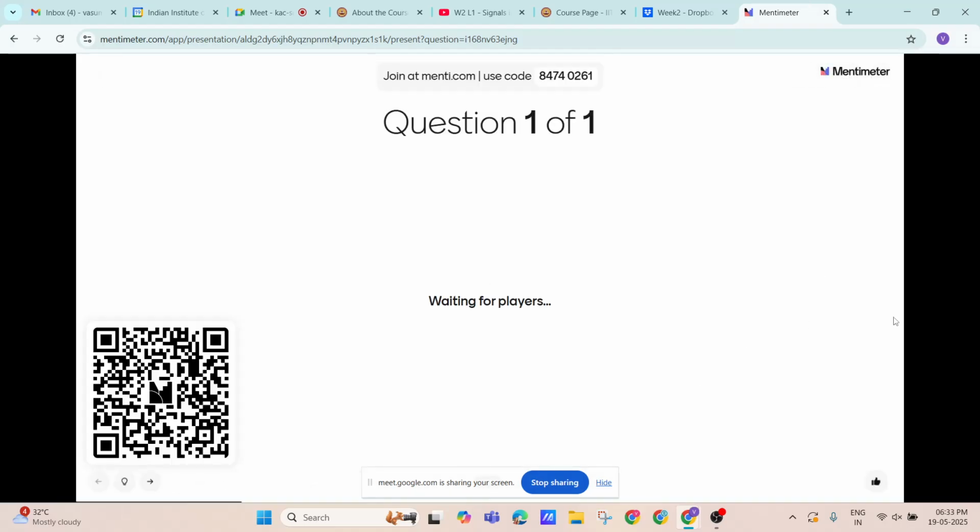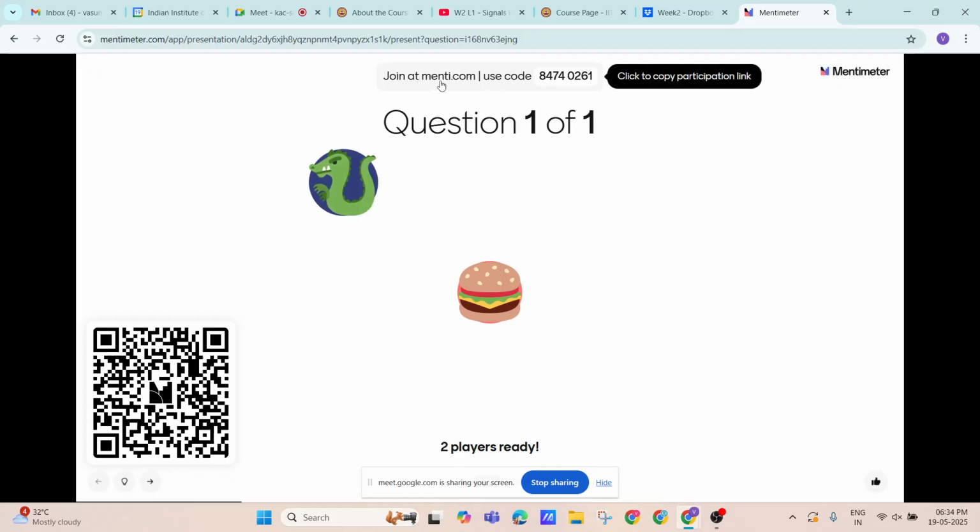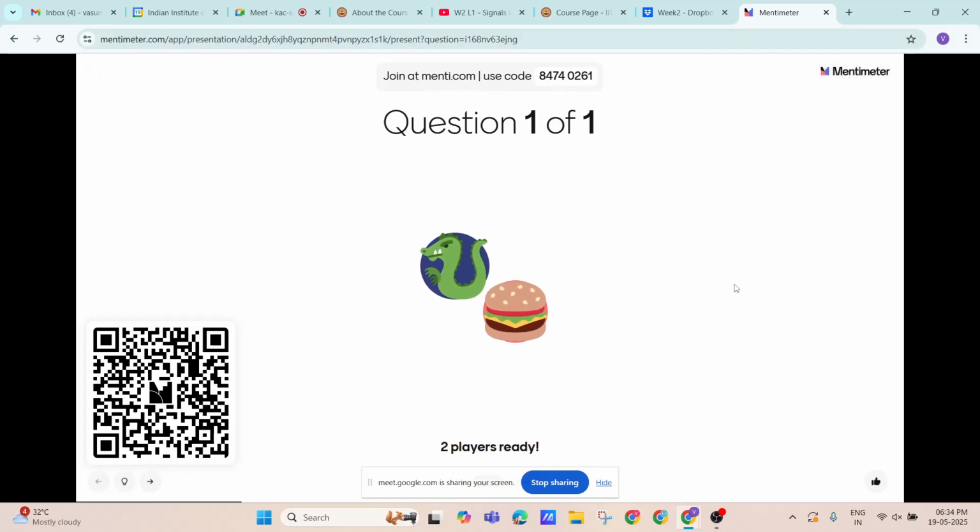I will wait until you all join. If you have a spare phone, scan the QR code from that phone. Otherwise, take a screenshot of this QR code and go to that website. Go to that link. Otherwise, use this link in your phone, menti.com, and use this code to join.